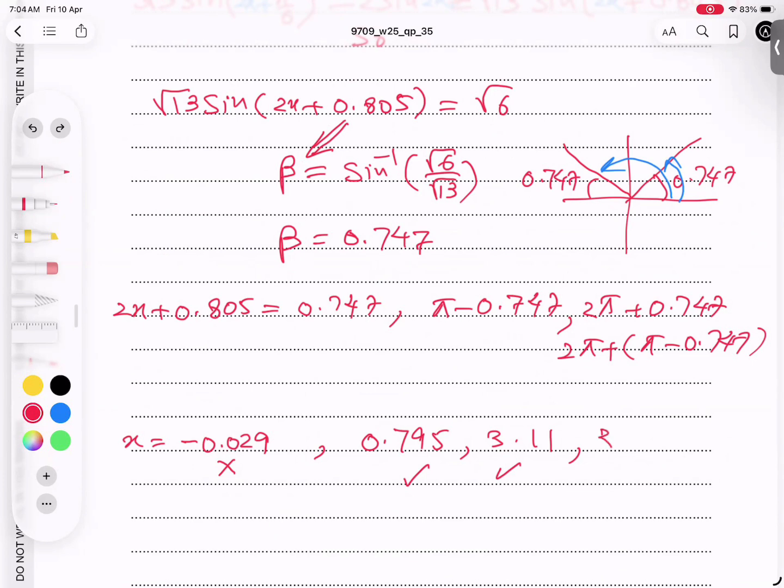So my fourth answer, 3.94, is naturally more than pi. So our final answers are 2 only, 0.795 and 3.11 radians.